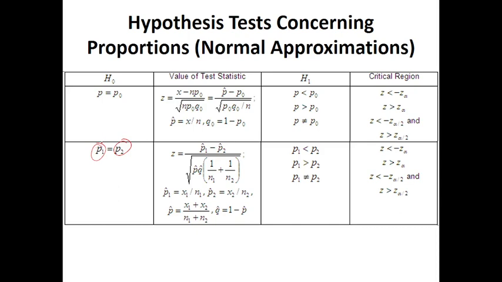So, meron tayong two proportions ngayon na i-compare. And this will be our null hypothesis. No? We will equate the two proportions. Okay? So, ibig sabihin, yung proportion ng county voters ay equal sa proportion ng town voters. No? So, tapos z-test tayo.